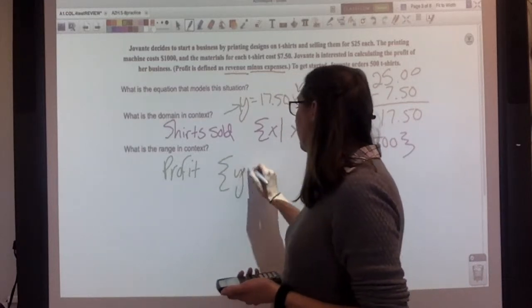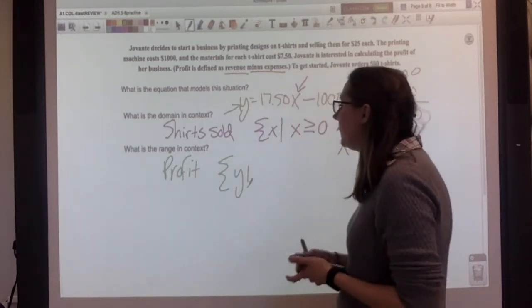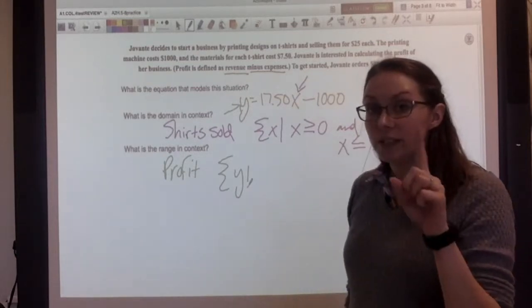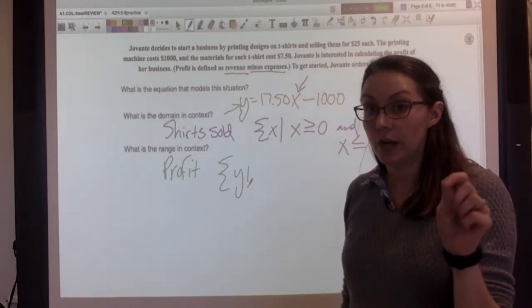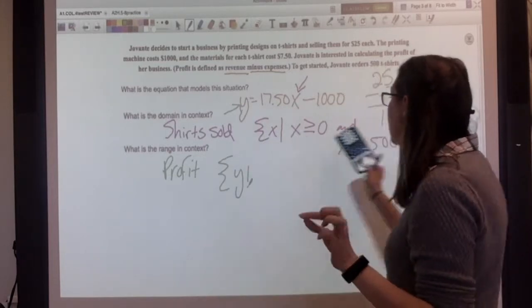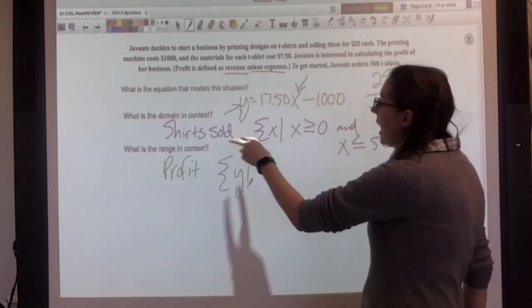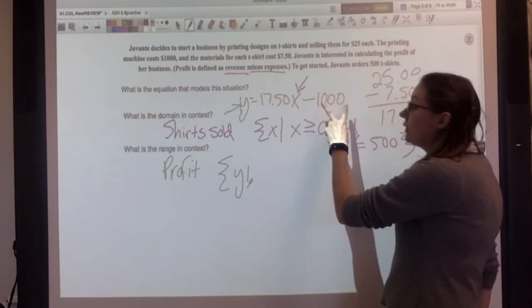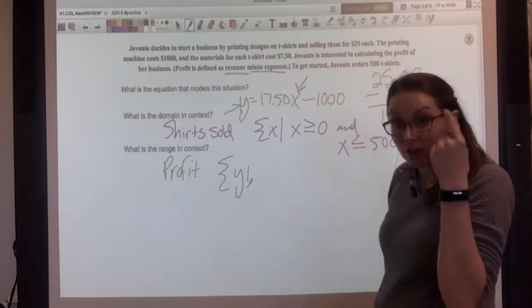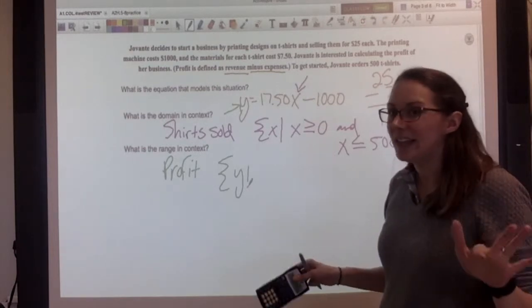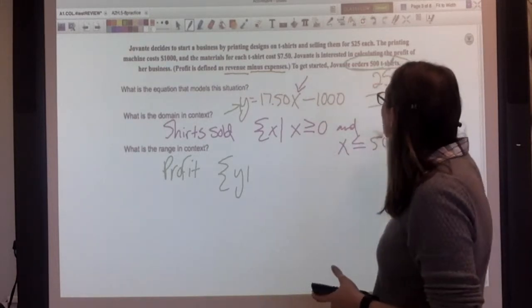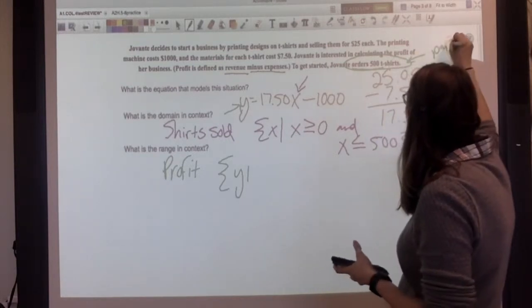So all the values of y, because we're dealing with range, such that, is there a minimum profit she can make? Yes, it's not $0. Okay? Again, you have to kind of go back to this situation. If she sells 0 shirts, she's owing $1,000, right? So negative 1,000. So you're like, okay, that's it. That's actually not it. She already ordered 500 shirts. She already has to pay for this.